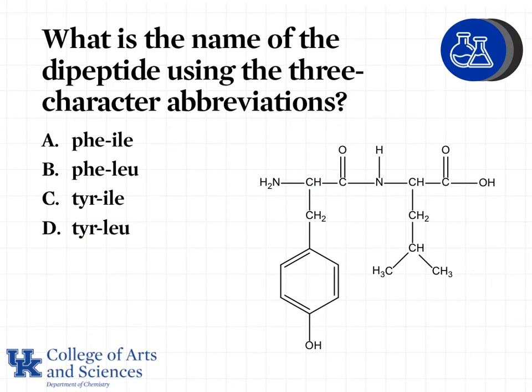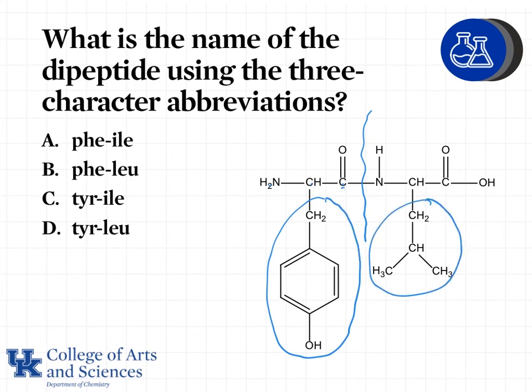What is the name of the dipeptide using the 3-character abbreviations? The first thing we need to do is to figure out which amino acids went into making this dipeptide. So the first thing I'm going to do is figure out where the 2 amino acids are. I see my NCC backbone, and so I know that's where my amino acids divide. And then I have this side chain, and I have this side chain.